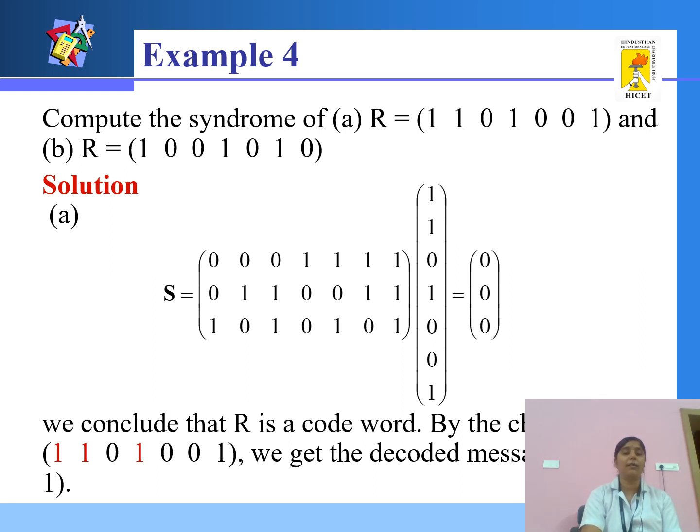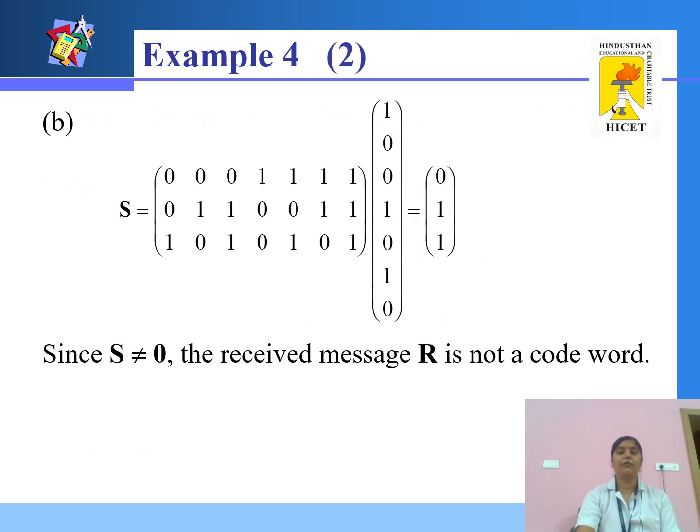It is also a column matrix. So we conclude that R is a code word, and we get the decoded message. Next, S is equal to the matrix multiplied by the column matrix, and the value here is 0, 1, 1. So since S is not equal to 0, the received message R is not a code word.